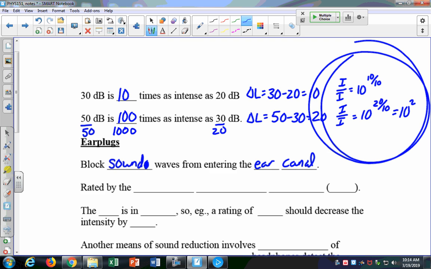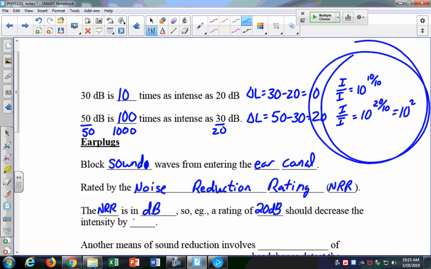But anyway, they're rated by the noise reduction rating, or the NRR. The NRR is in decibels. So, for example, a rating of 20 dB should decrease the intensity by a factor of what? 100, right.